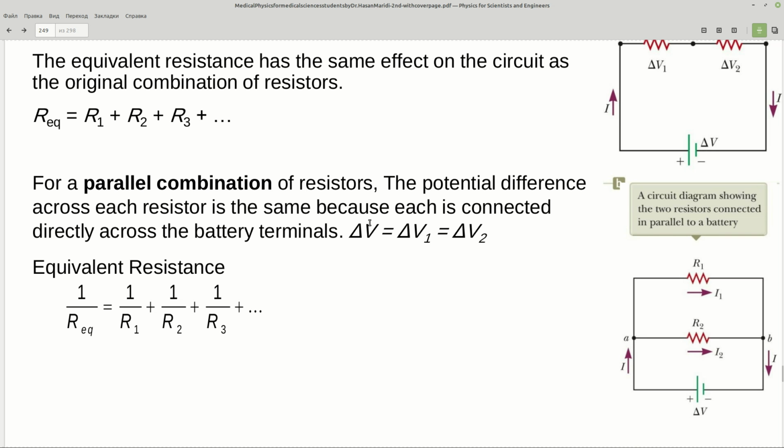Yes, we need to talk about electric power, which we are using in everyday life.